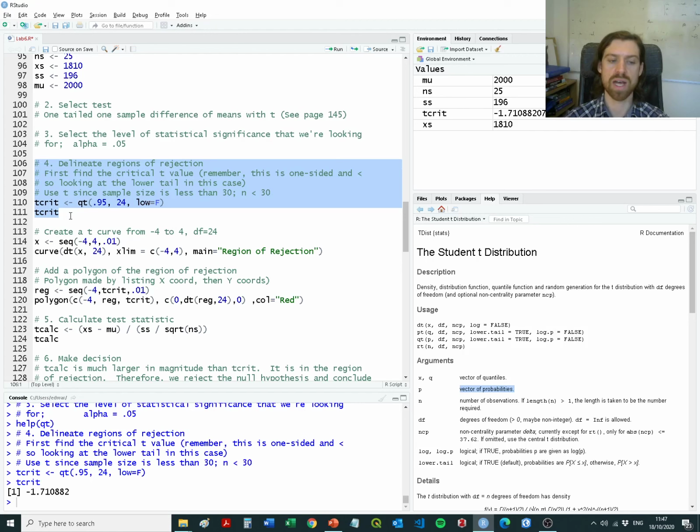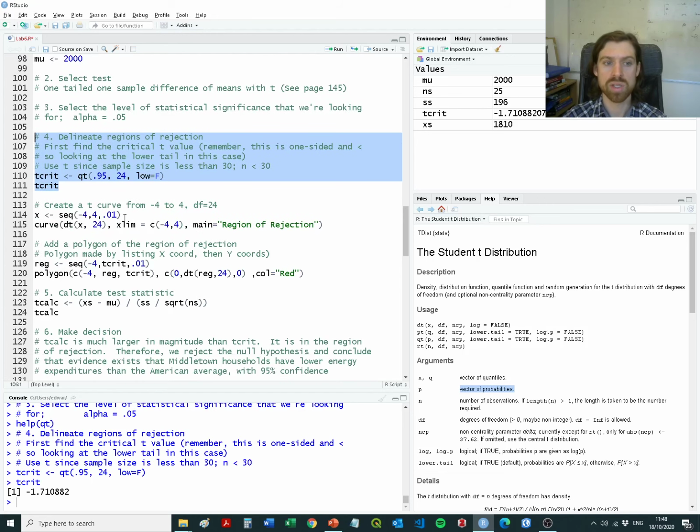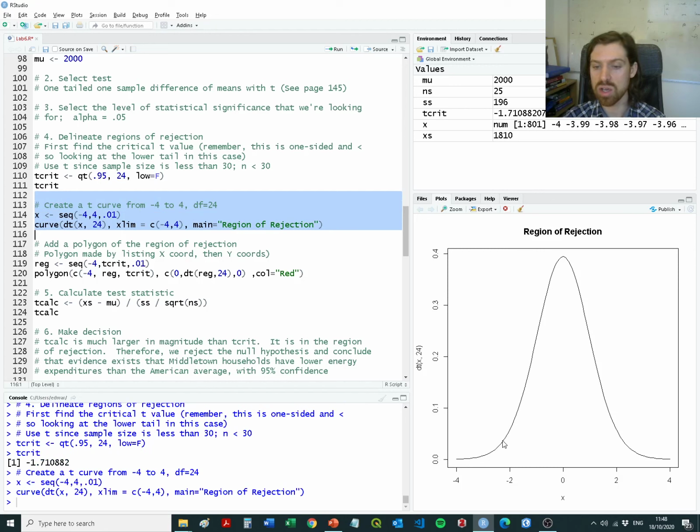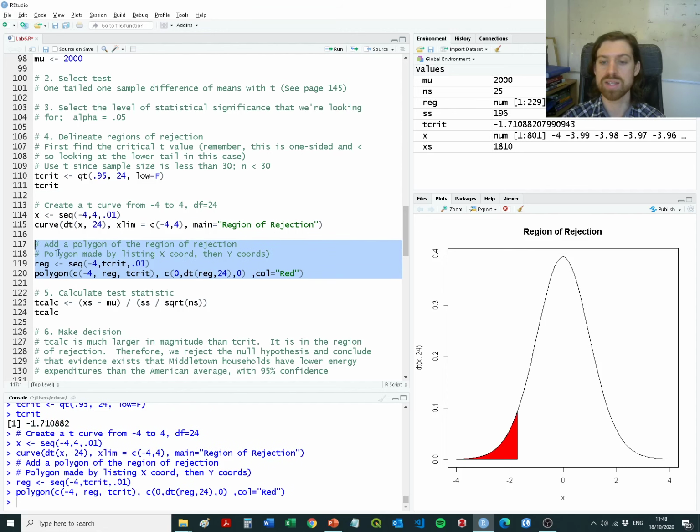So the t critical value in this instance is minus 1.7 standard deviations below the mean. So let me just plot that for you. So we're able to generate a curve, the normal distribution, and I'm able to use the t critical value to add in the red area for the rejection zone of the null hypothesis.